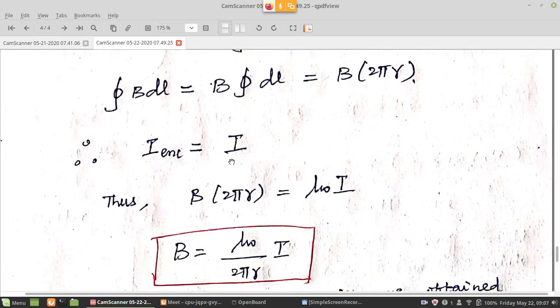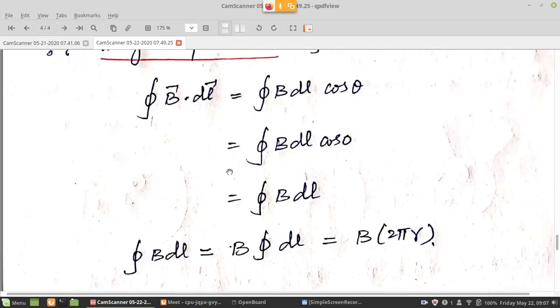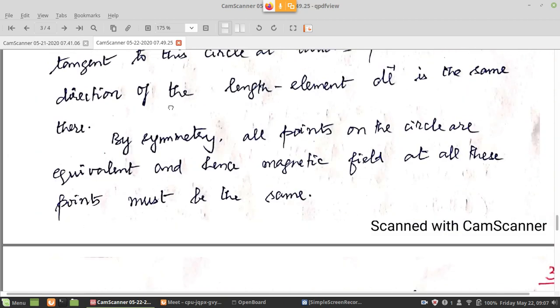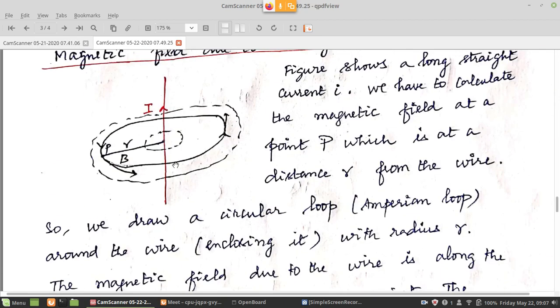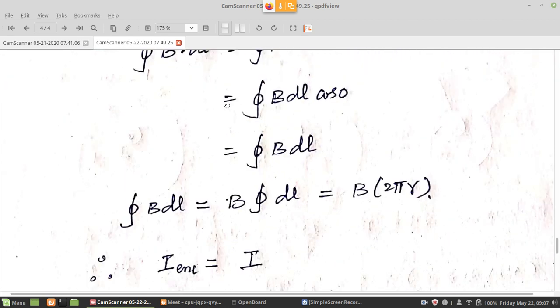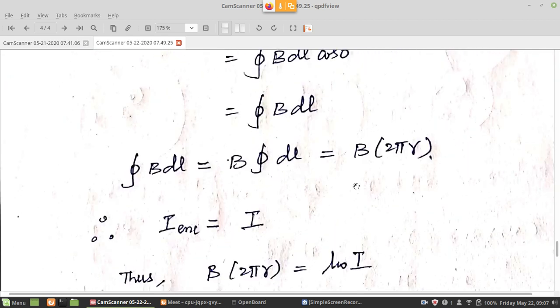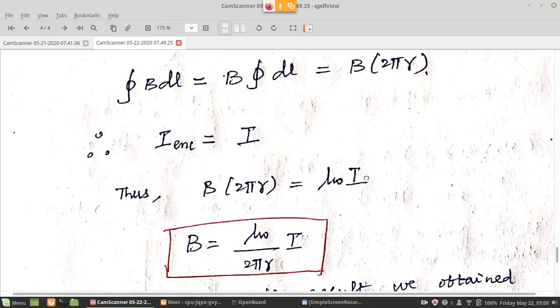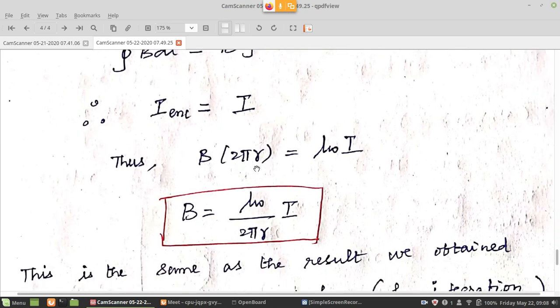The current here is I. Only one wire is inside this, and it is carrying current I. So the current enclosed is only I. So I enclosed is I, and I have to multiply that by mu naught. So the left side is B into 2 pi r, and the right side is mu naught I. I want only B. So B is equal to mu naught I divided by 2 pi r.